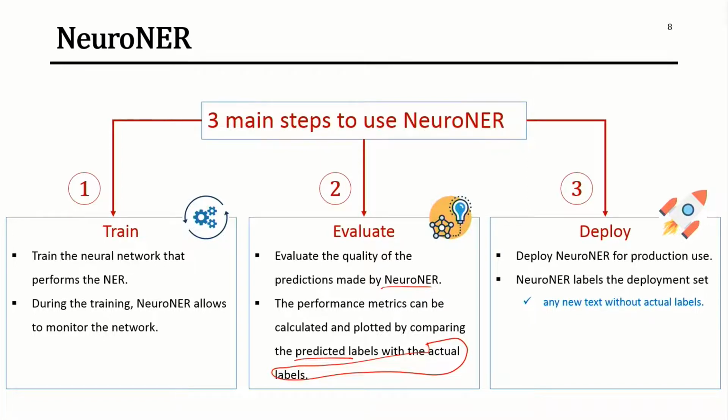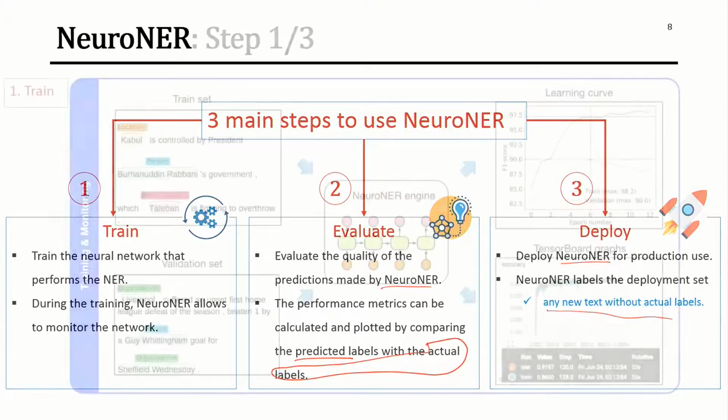And in the third main step, deployment, we can deploy Neural NER for any production use. In deployment, we have new input data for which we don't know the actual labels, so by using Neural NER, we can obtain the predicted class labels for this new input data.